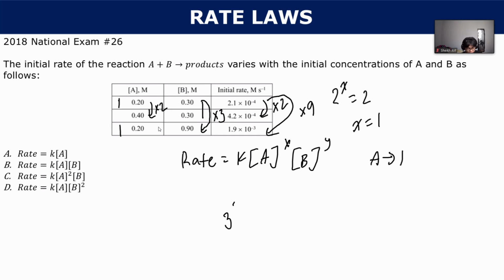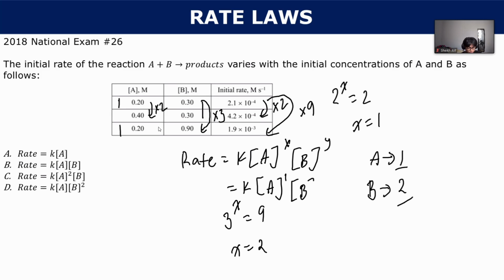So 3 to the x equals 9, well x is just going to equal 2. So that means our rate order for B is going to be 2. And we can plug this information back into our rate law by just plugging in the values for the orders. So 1 and then B to the second power. And as you can tell, that's answer choice D, which is in fact the right answer.